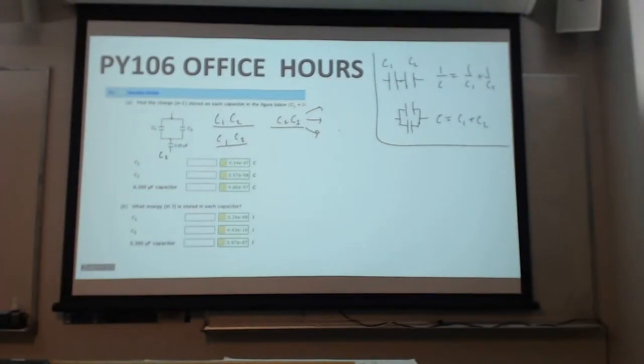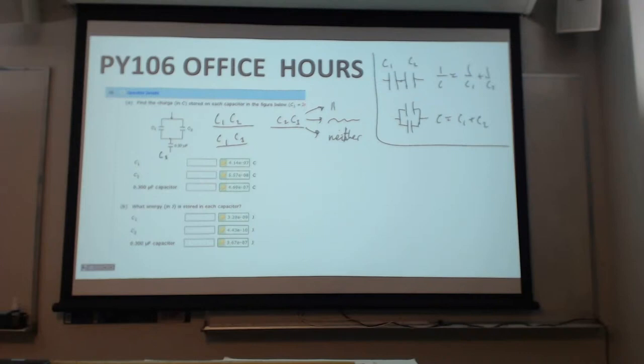Capacitors may be connected in parallel, in series, or neither. These are all the options. So for each of these 3 pairs, you have to make a statement.